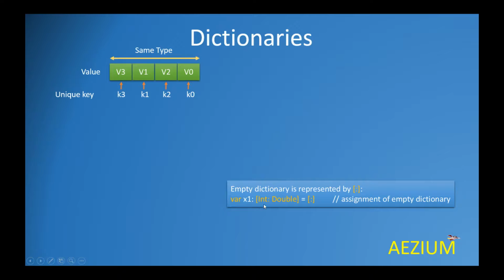One thing I'd like to point out here is that please note that when we're using the square bracket format for dictionaries, we separate the key and value types by a colon. When we're using the angled brackets format, the separation is done by a comma, not a colon.